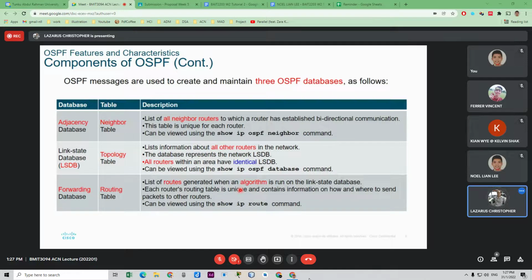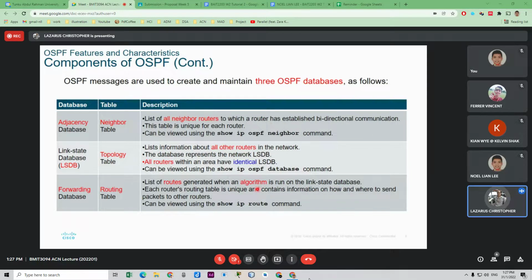That means you identify, if I want to go through this path, which of my interfaces should I begin forwarding on? So that becomes the entry in the routing table. So the list of routes is generated when an algorithm is run on the link state database.